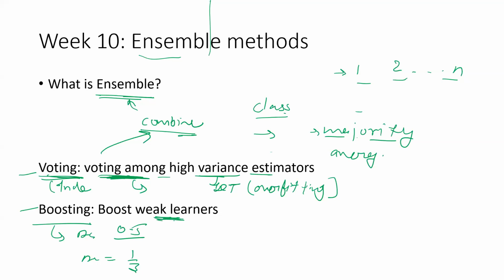No, weak learners means those that have very low performance, so those weak learners may underfit, not overfit. I'm trying to understand: these two methods are for overcoming overfitting, right? No. Voting uses estimators which overfit, and boosting uses estimators which underfit.